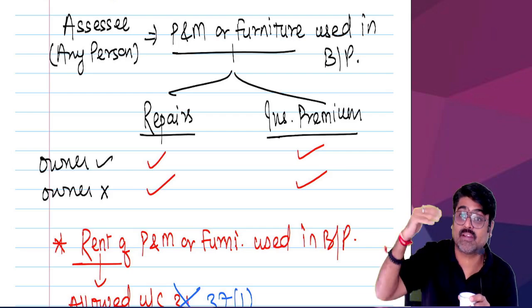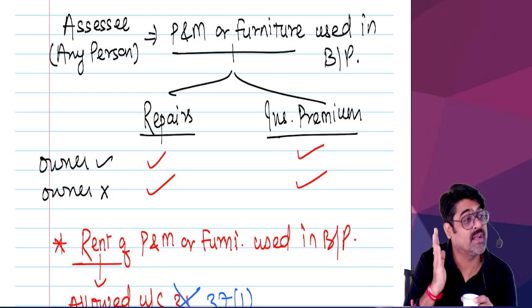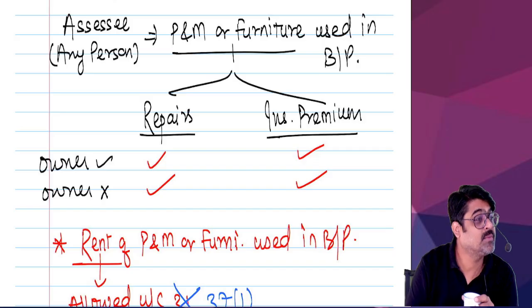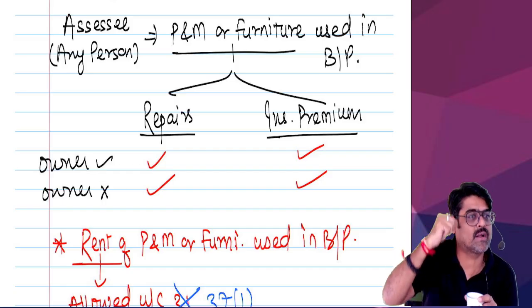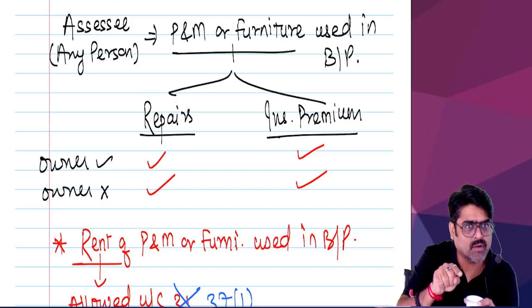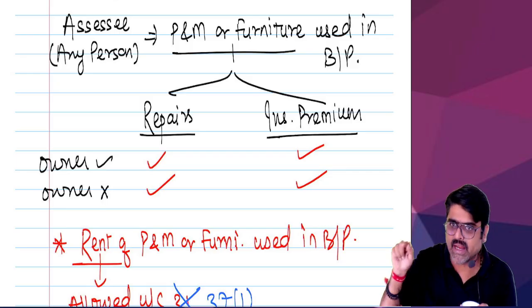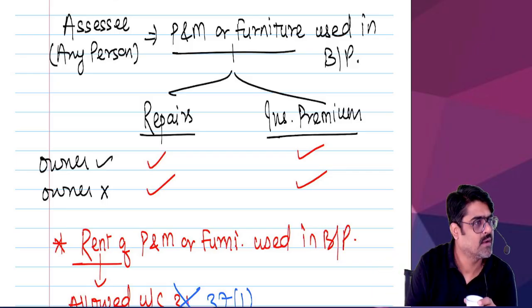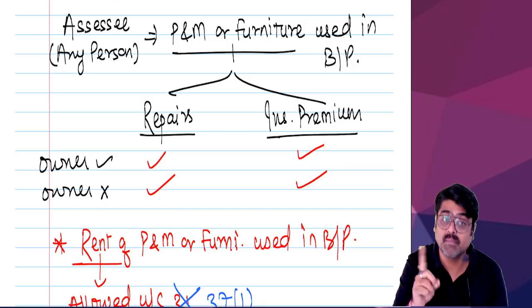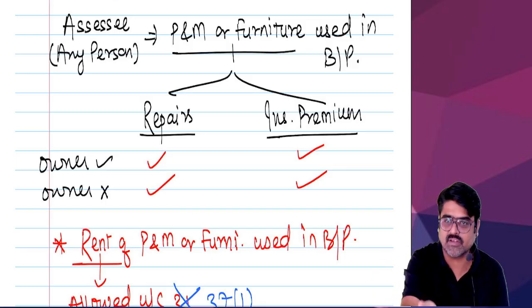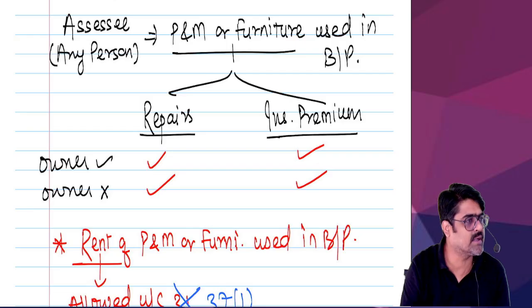But that was not the rent of plant and machinery or furniture. That was the rent of the building. Section 30 specifically says that you can claim the rent of building. So how can you claim this rent of plant and machinery and furniture under section 30? You cannot claim it under section 30.